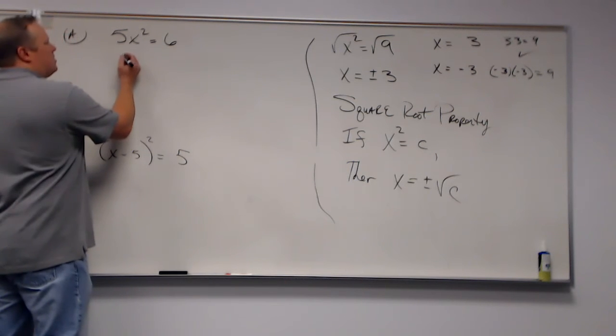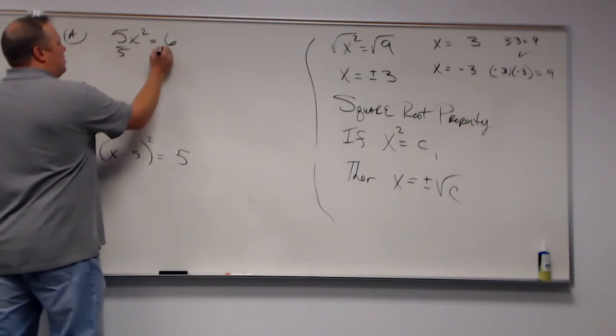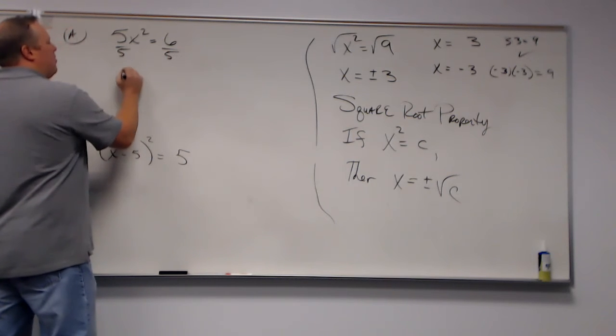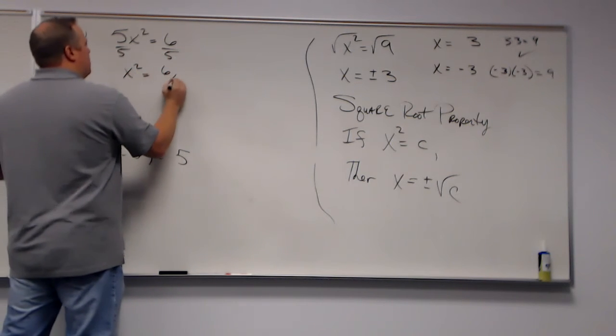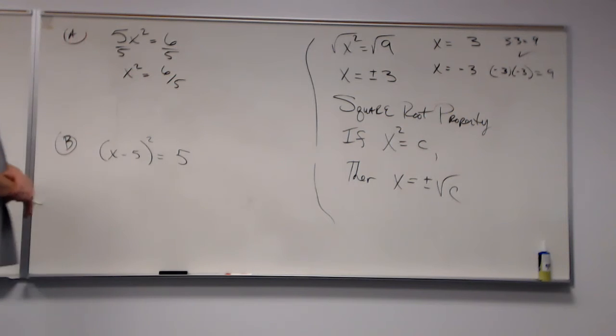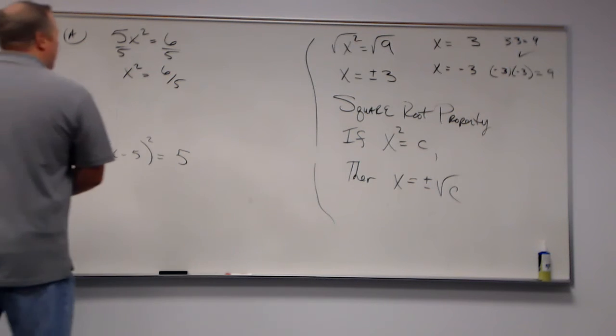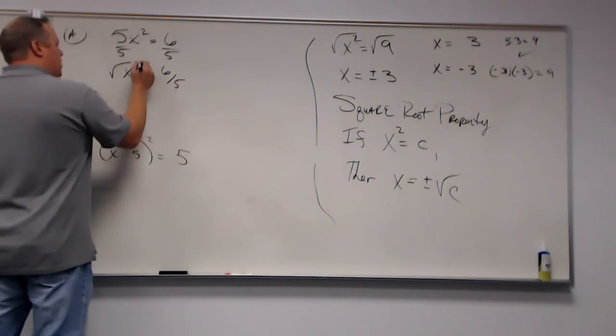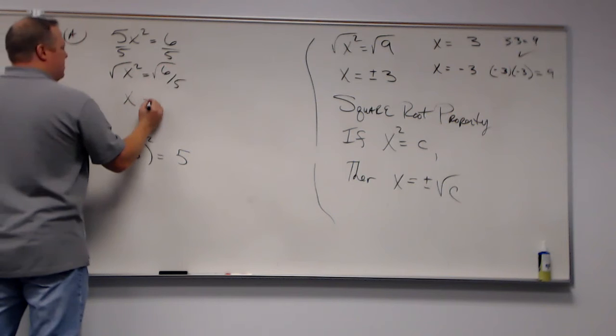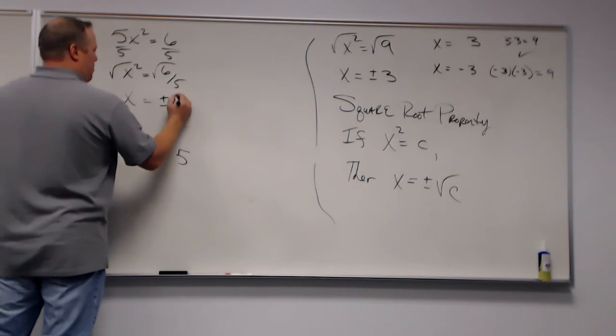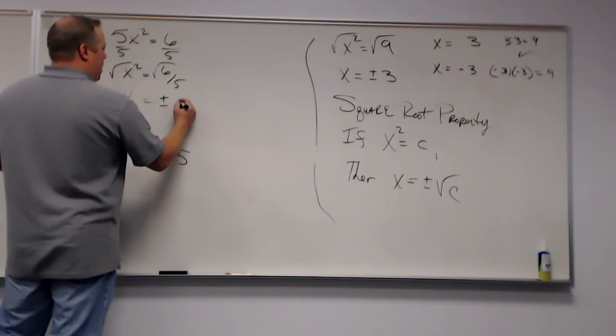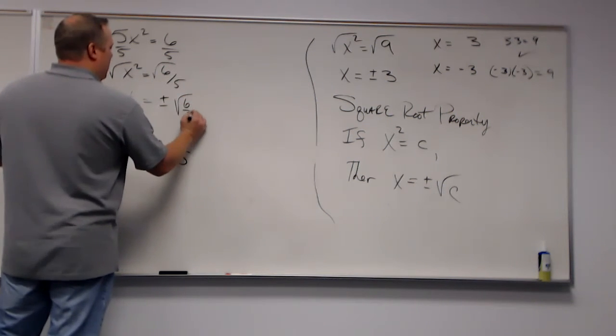to do this, to square root both sides, you still need to divide by 5 on both sides, which gives you 6/5. And when you have that, when you square root both sides, you have to come up and be okay with the fact that that equals the square root of 6 over 5.